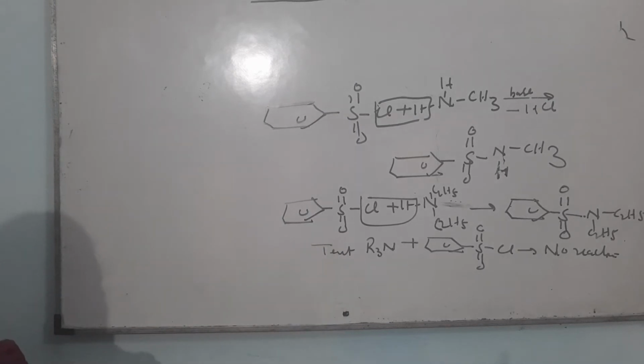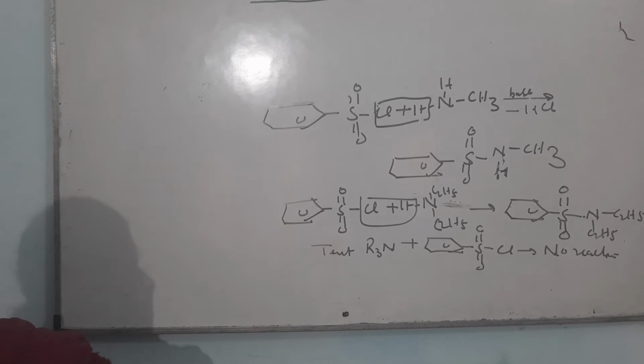So this test is used for distinguishing between primary, secondary and tertiary amines. The carbylamine test is used to distinguish between primary and secondary or primary and tertiary, but this test is used to distinguish between primary, secondary and tertiary amines.